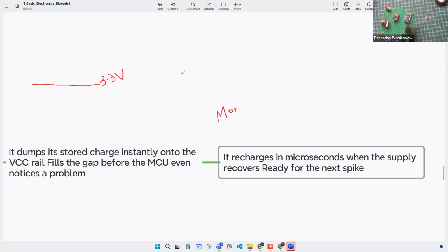When the motor is on, it is getting 3.3 volts, but certainly there might be some spike or there might be some drop. So this is the change which happens when the motor is turned on.